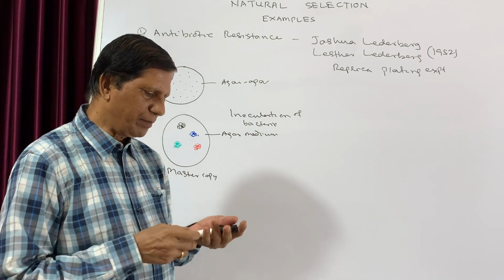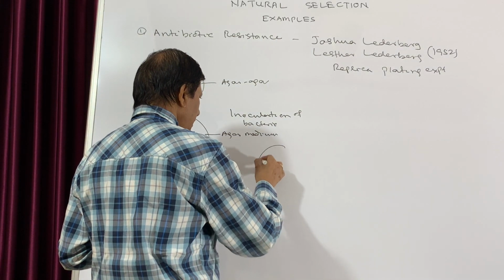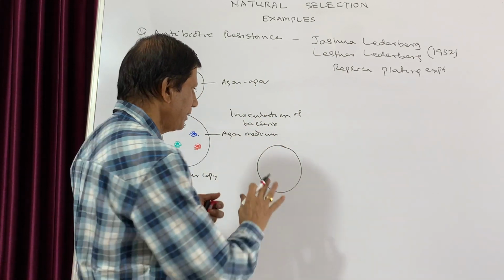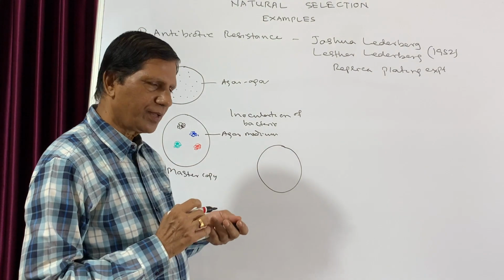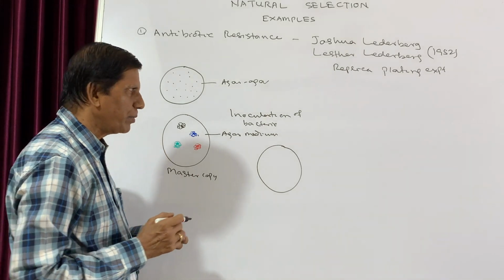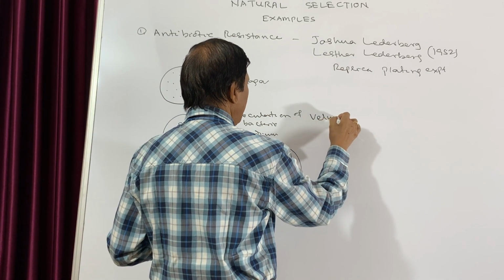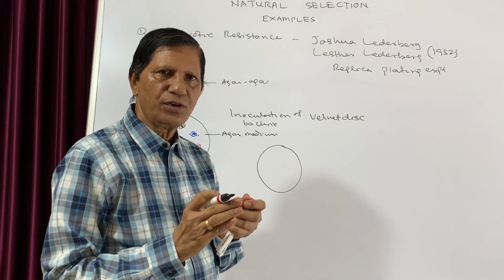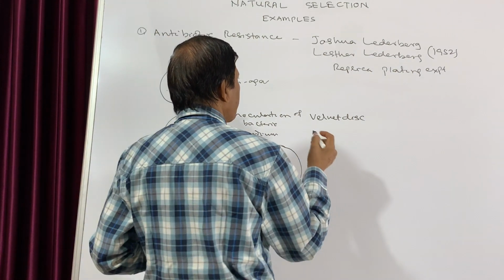So how is this replica copy made? Now this is another minimal medium where the medium is there for the culture of these bacteria. But how will the bacteria be taken to that place? For this, one velvet disc is used, which is attached to a wooden frame.